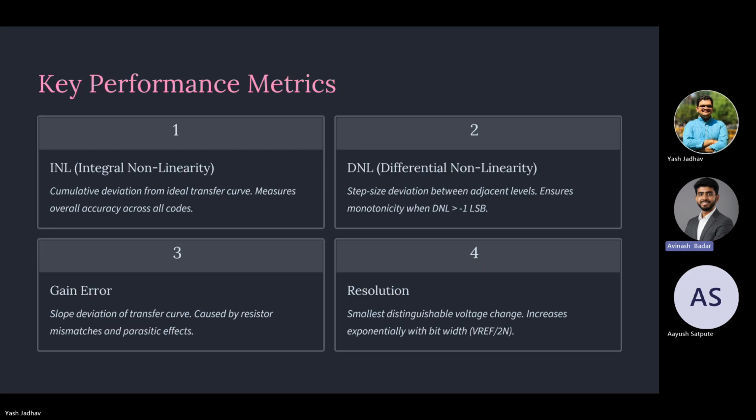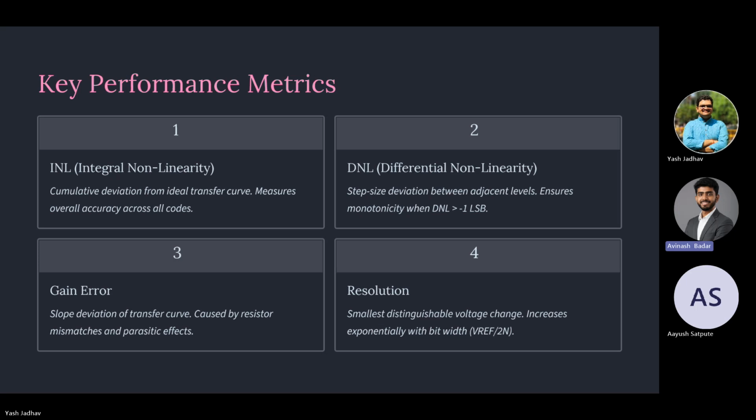Next slide. Now moving to the key performance metrics. Lastly, let's look at the key performance parameters. INL is integral non-linearity. It measures how far the actual output deviates from the ideal transfer curve, reflecting overall DAC accuracy. DNL checks the difference between adjacent output steps. When the DNL stays within plus or minus 1 LSB, the DAC output is guaranteed to be monotonic.